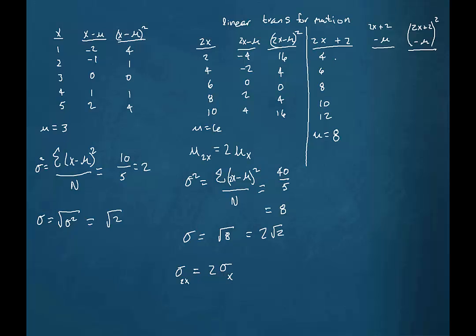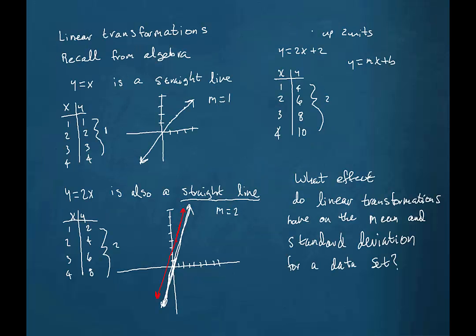Now let's see what happens when we add 2 now. So here we've got our original set x, here's twice x. Now we're going to go twice x plus 2, just like we did with the lines that we graphed. And we noted that all that did was move the data values up. It didn't change the distance between them.